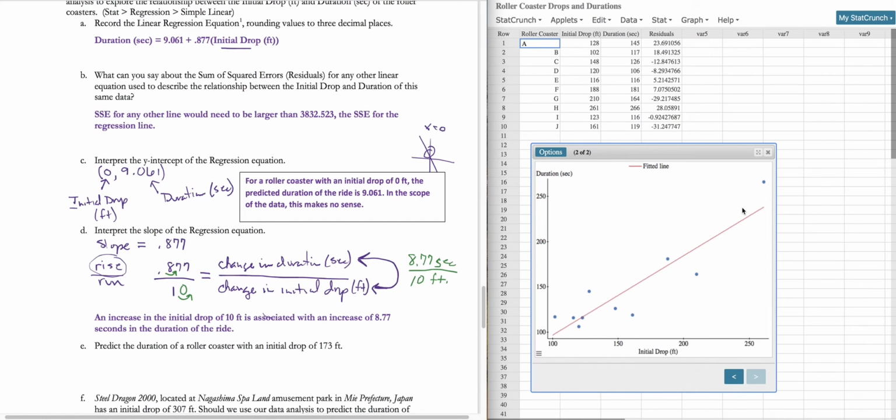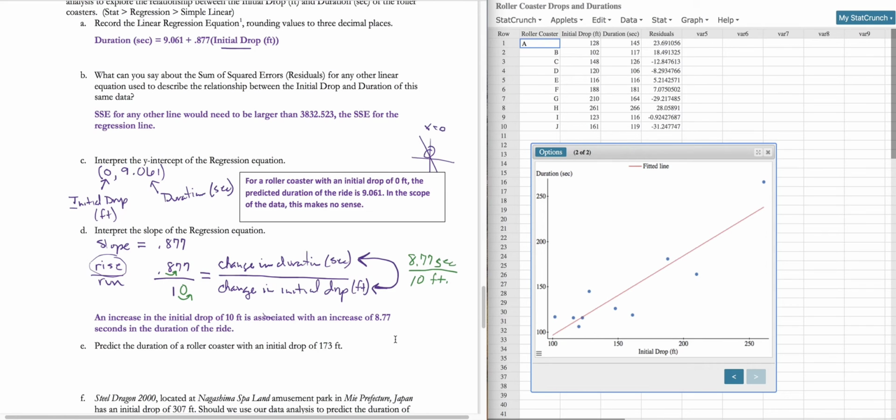This is a positive association, so it's an increase in an explanatory variable that leads to an increase in that response variable.